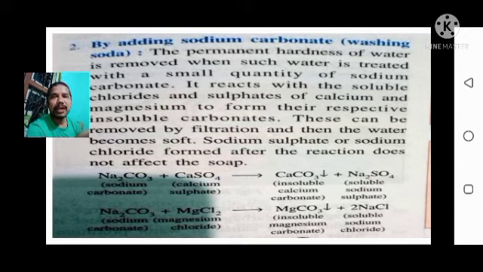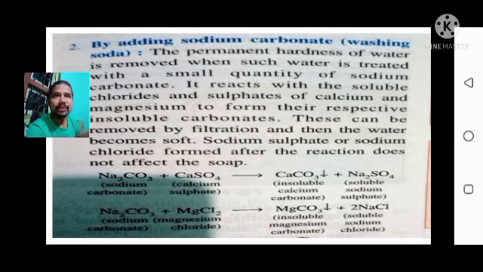Removal of temporary hardness of water can be done by physical method, but removal of permanent hardness of water cannot be done by physical method. We have to adopt a chemical method. So what we do is take a small amount of sodium carbonate and dissolve it in permanently hard water, and then there will be a reaction.